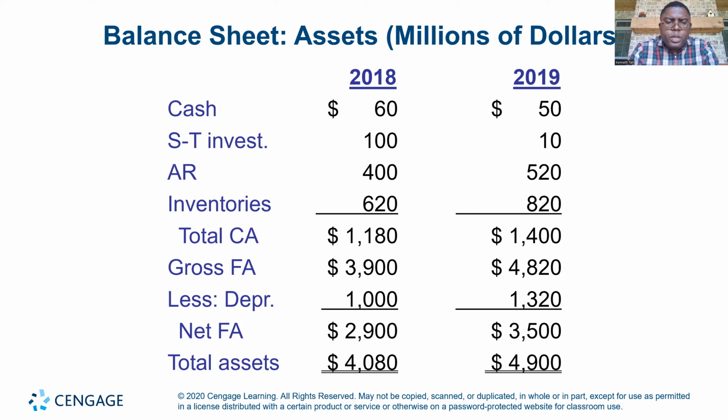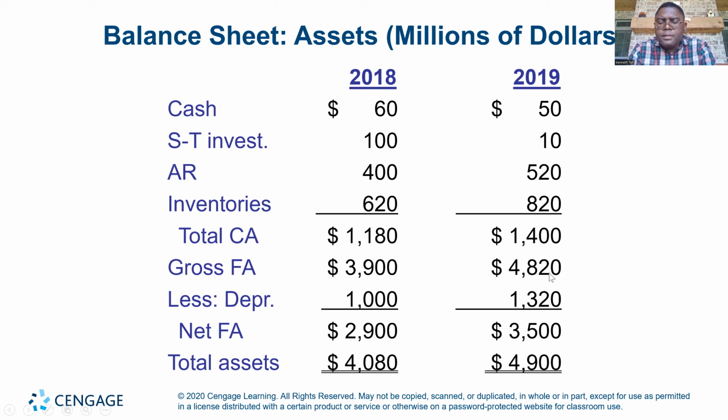Then we need to subtract. So we have total current asset, then we have the gross fixed asset. So we need to take fixed asset into consideration. So the aim is for us to get our total asset. So our total asset is going to be current asset plus the net fixed asset. So we have current asset at 1,400 million.